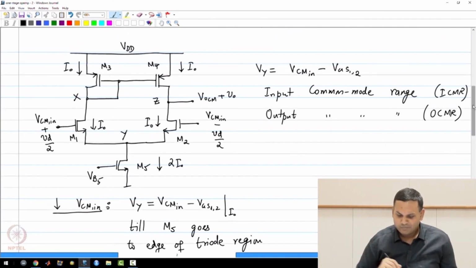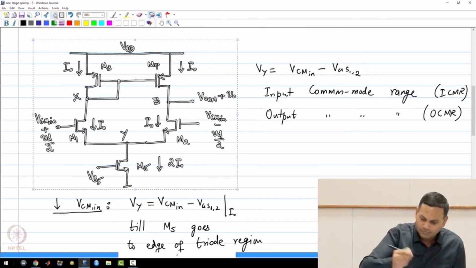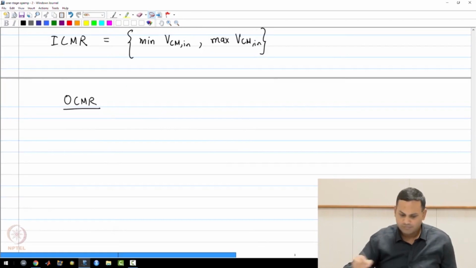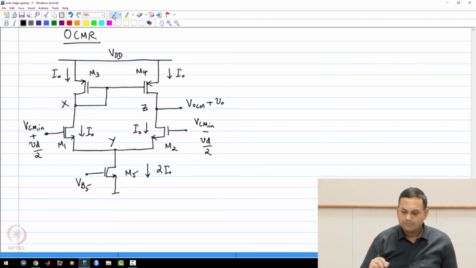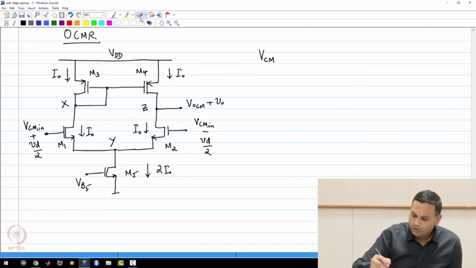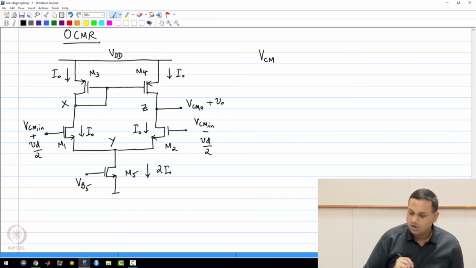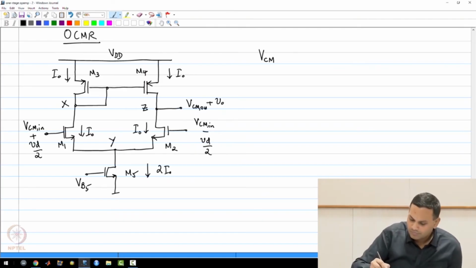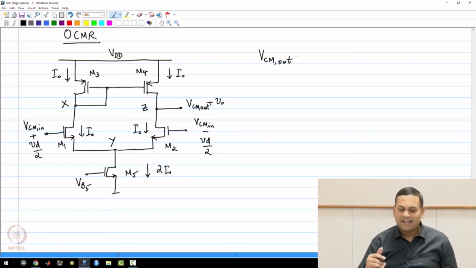If I take this circuit and look at its output, I'm going to call that VCM out. So the maximum value of VCM out happens when M4 is at the edge of triode region.